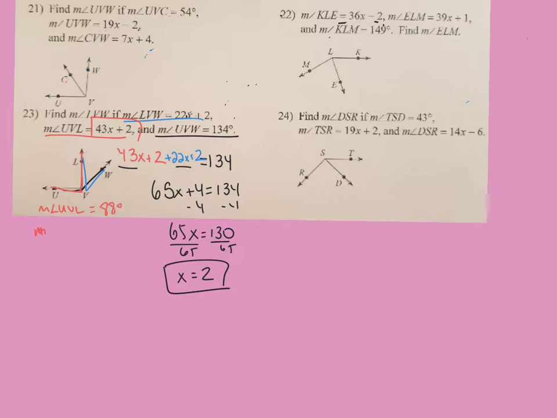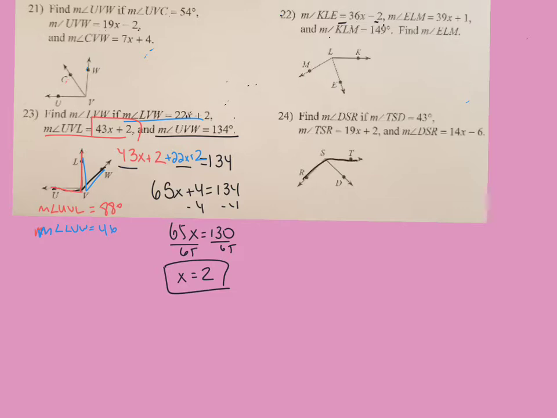Now I'm going to find the measurement of LVW as 22 times 2, which is 44, plus 2, so I get the measurement of angle LVW is equal to 46 degrees. Add those two together, I end up with 134 degrees, which verifies all the work I've done so far.